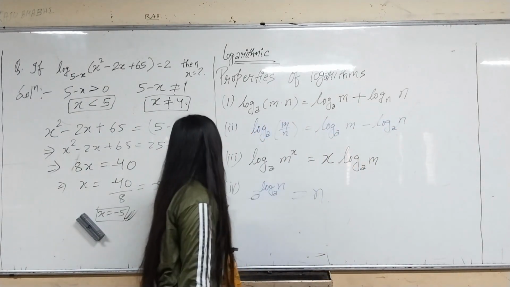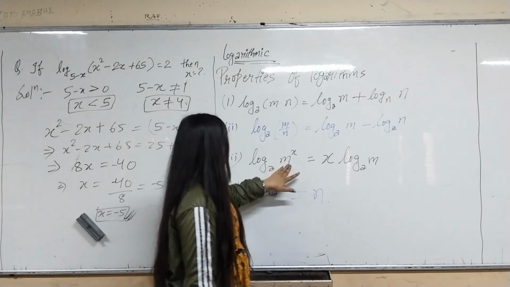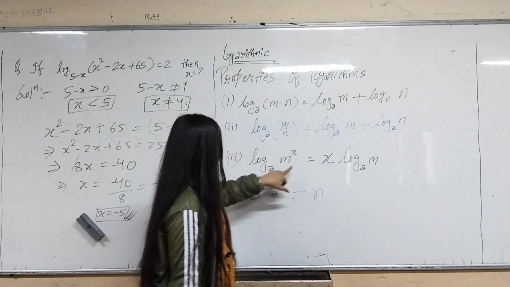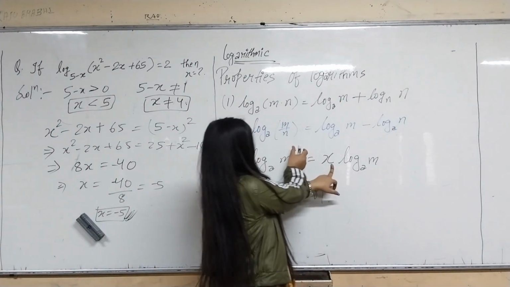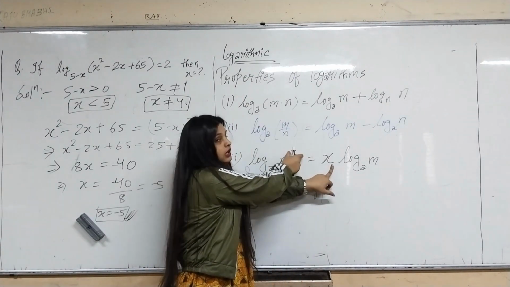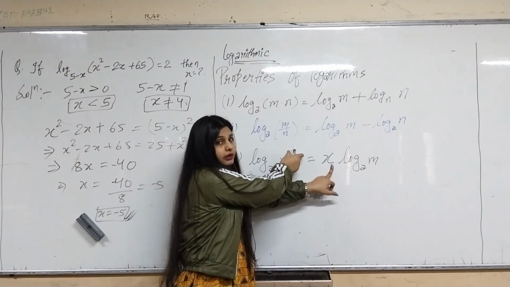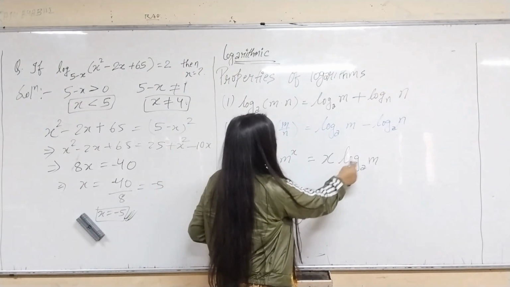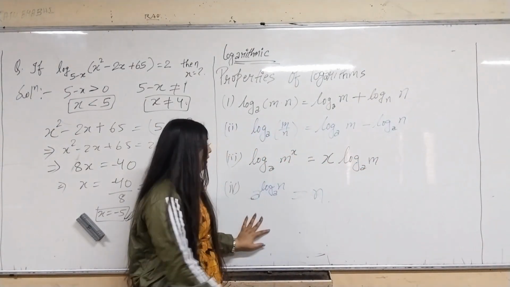Log of m to the power x with base a is equal to x times log m with base a, because the power comes into the multiplication.